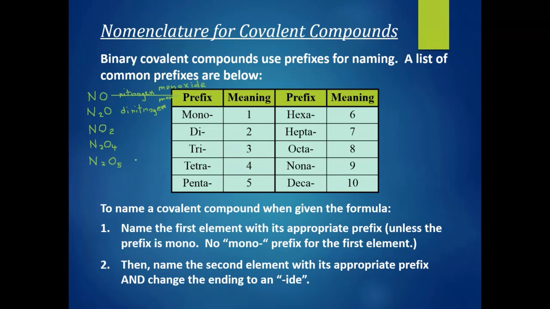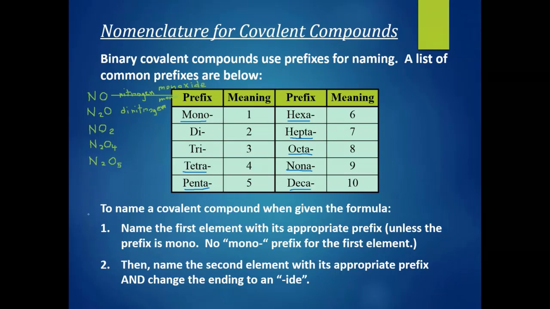Now here's the interesting thing, and this is something I should mention here. When you have oxygen, for some reason, whenever you have any of the prefixes ending in a, tetra, deca, nona, octa, hepta, and hexa, when you have oxygen with one of those prefixes, you end up dropping the last letter of the prefix.